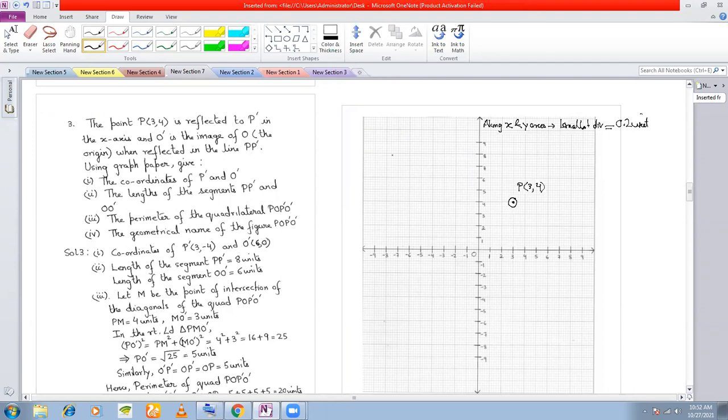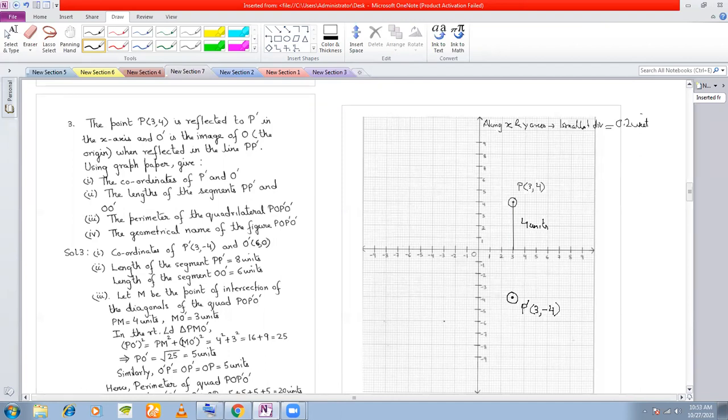How do you reflect this? From P, drop a perpendicular, a dotted line preferably. How many units do you see here? There are 4 units here, right? You take 4 units here also. This is 4 units, and this will be your P dashed, (3, -4).